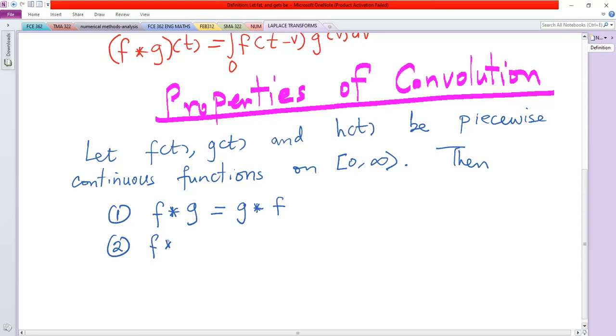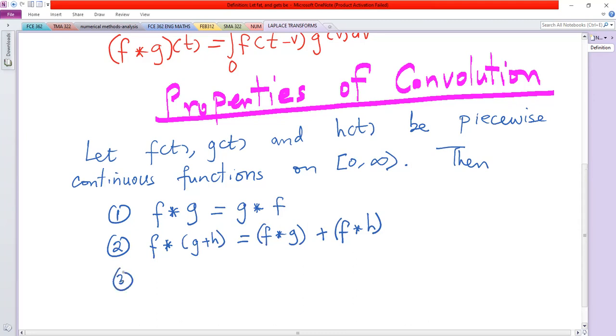And two, f star (g plus h) is the same as f star g plus f star h. That's to mean that convolution obeys a distributive property.